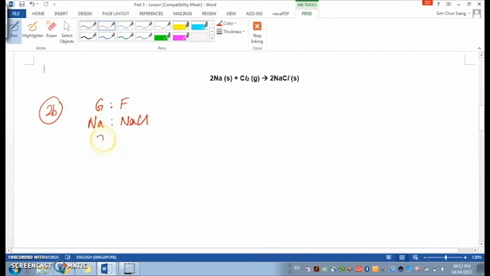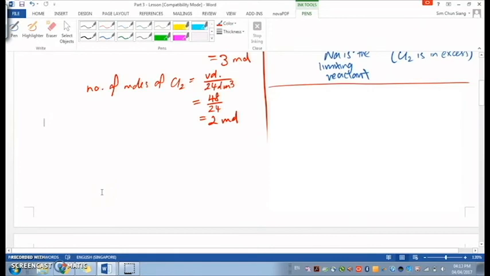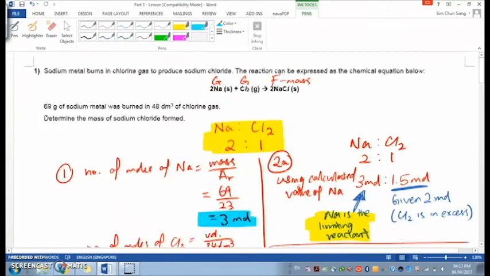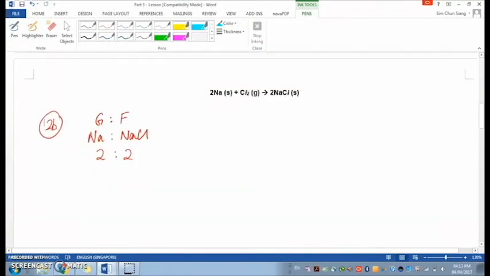So the ratio between sodium and sodium chloride in the equation is 2:2, 2 moles is to 2 moles. Since we know that there are 3 moles of sodium, that will mean that 3 moles of sodium chloride will be produced.